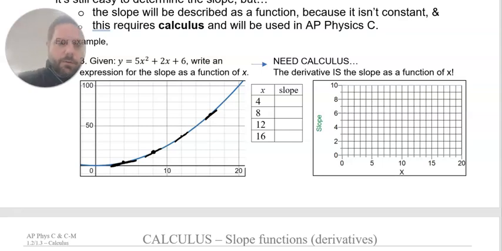And we said that the slope here was 2, 4, 6, and 8.